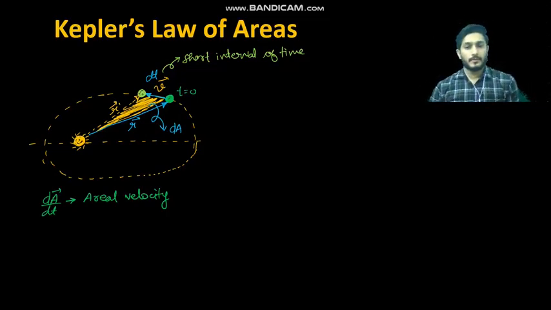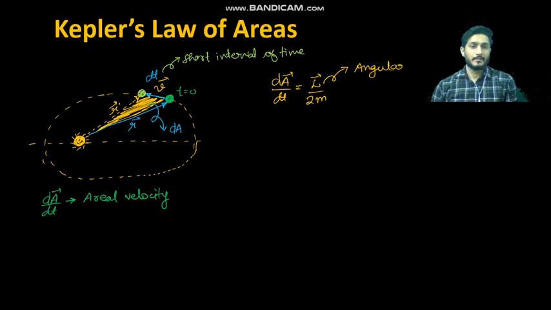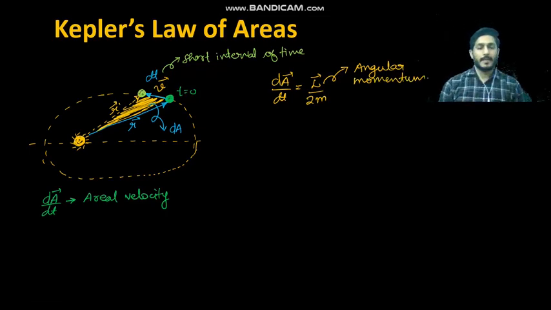Okay, so we have already derived a relation that dA vector by dt is equal to L vector by 2m. Here L is the angular momentum of the planet.